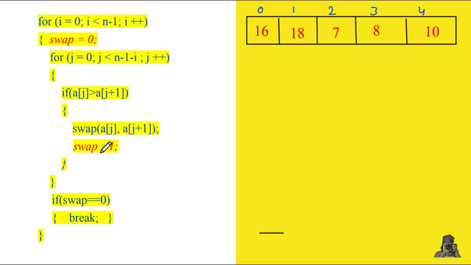If swapping is done, only then this value will be updated, and only then will the next iteration of the outer loop be done. Otherwise it will go out of the loop, because if no swapping is done, it means we got the sorted array in a previous iteration itself. So to avoid the wastage of resources, time and processing power, we can skip the execution of further loops.